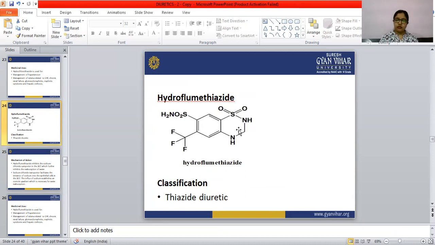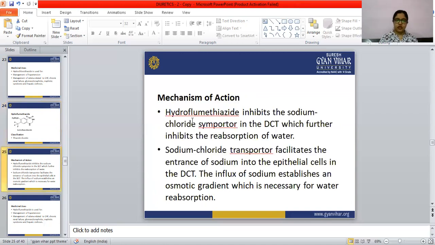Between the 3rd and 4th position there is no double bond, and at the 7th position there is a sulfonamide group. The sulfonamide group is a must for the diuretic activity. Let's see the mechanism of action of this drug.